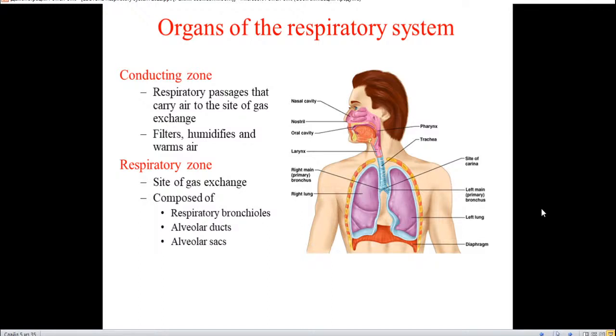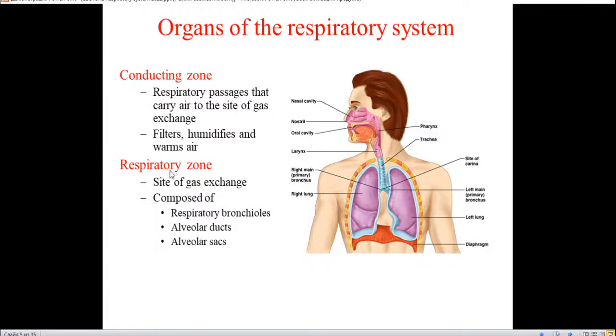These organs also filter, humidify, and warm the air. The organs of the conducting zone start from the nasal cavity, then nasopharynx, larynx, trachea, bronchi, and some parts of the bronchial tree till the respiratory zone organs, which are the place of gas exchange.